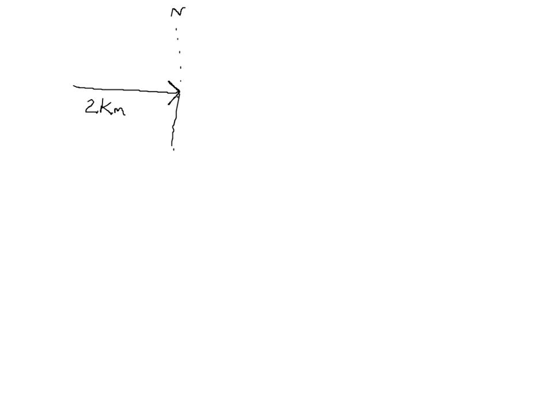Okay, so this would be the north direction, and let's go off in this way so that we went at a 30-degree angle to the north, and we go this time 1.5 kilometers.